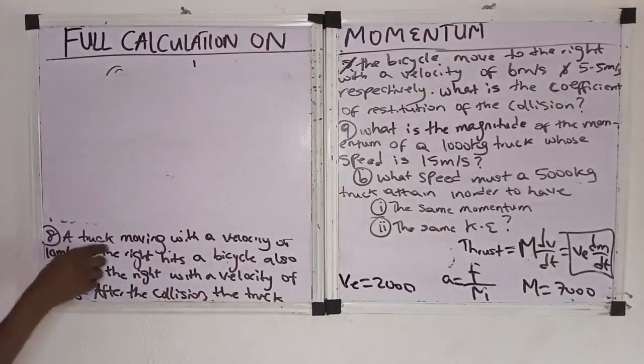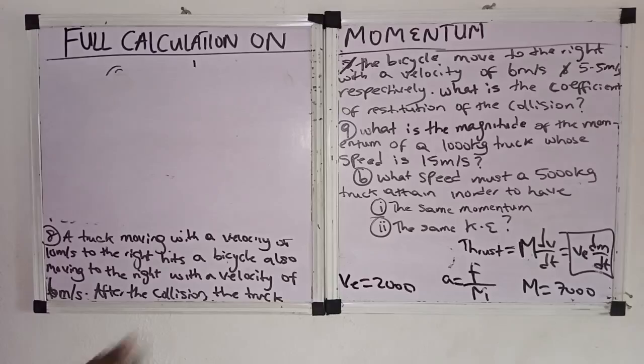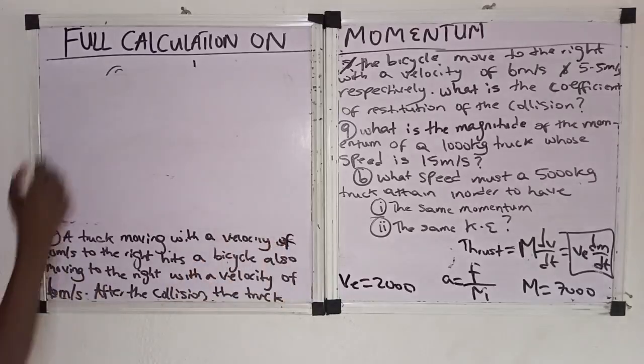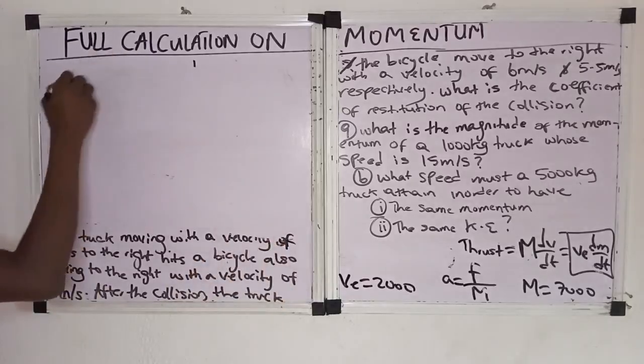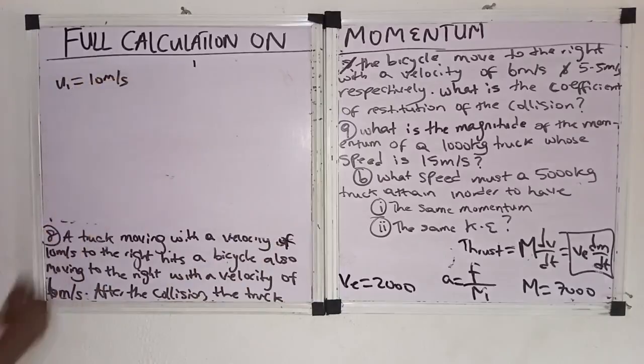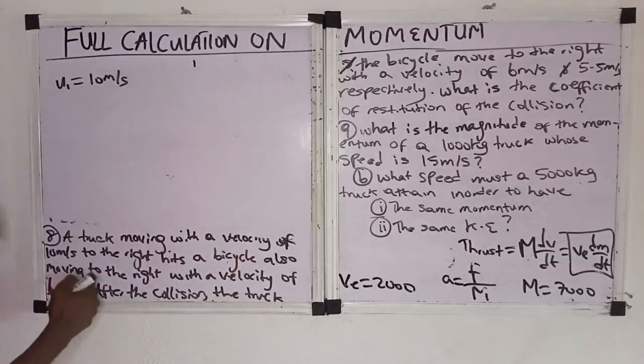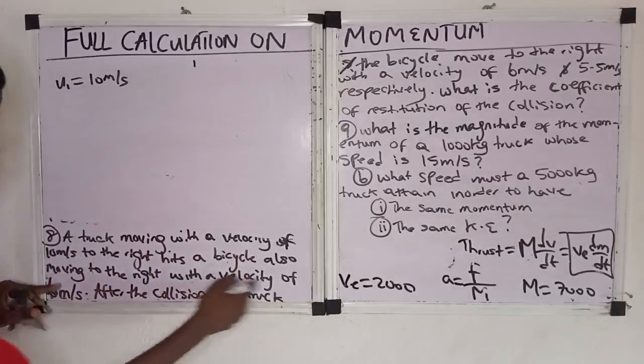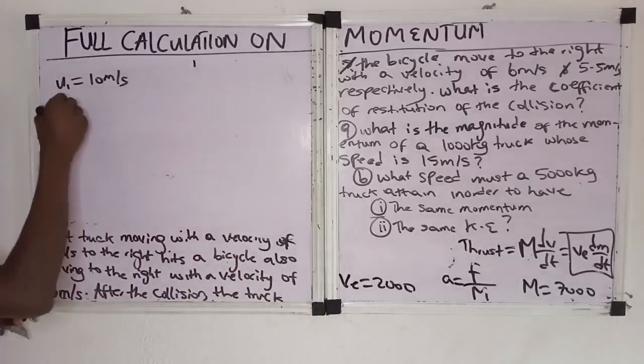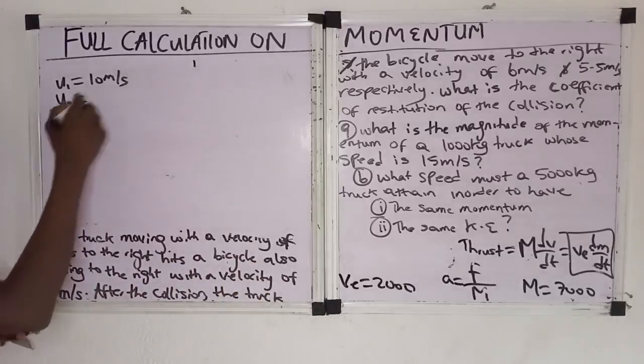They said a truck moving with a velocity of 10, that is u1 initially. u1 is 10 meters per second, to the right, hit a bicycle also moving to the right with a velocity of 6. So the initial velocity of the bicycle, u2, is 6.